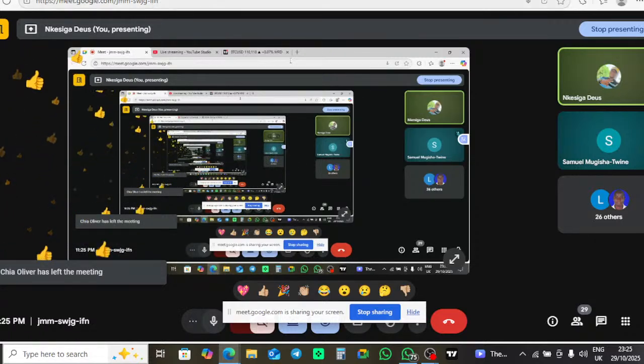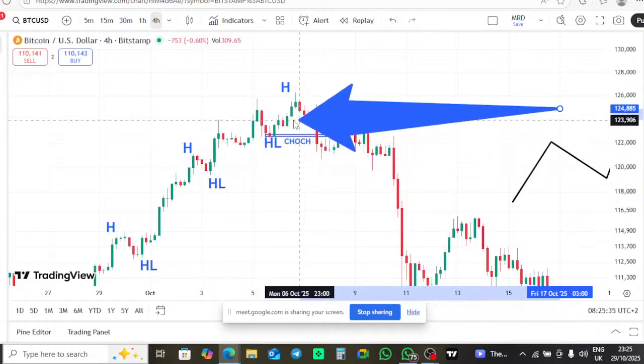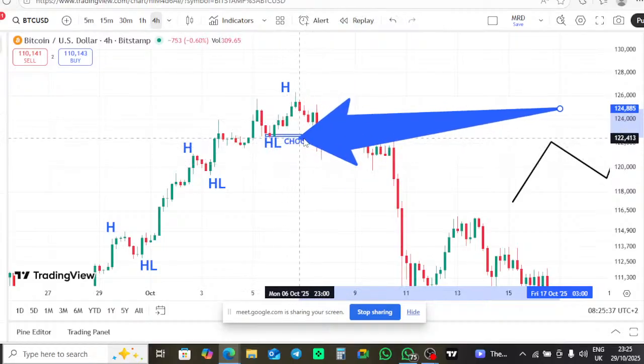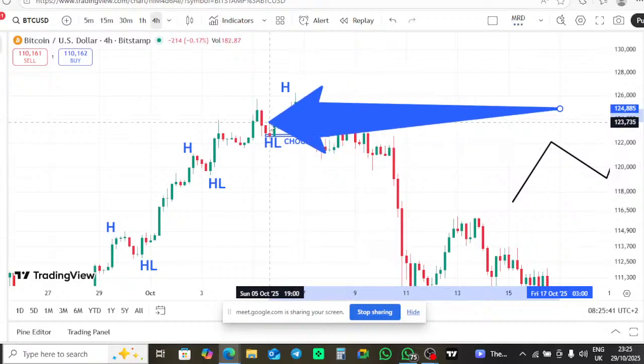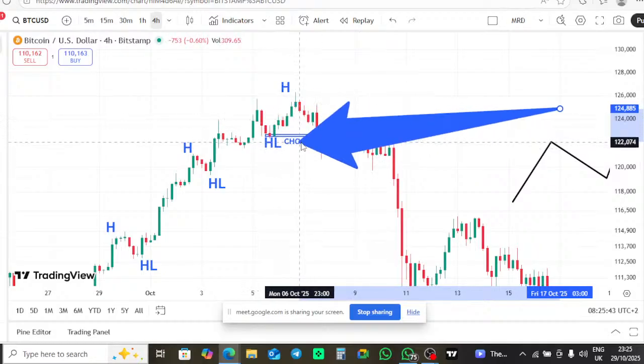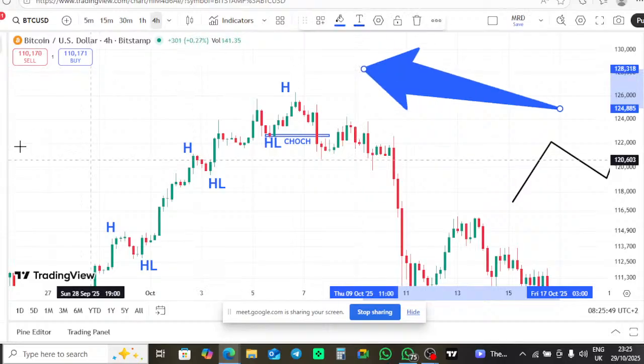Okay, thank you. Now, if you are able to identify this on the market, then that means you are good to go. After forming this change of character, the market is not supposed to come back and break this level. That's what you need to understand.